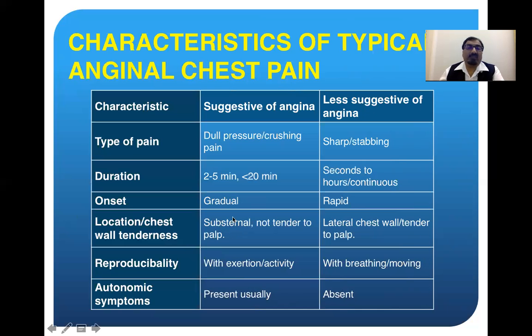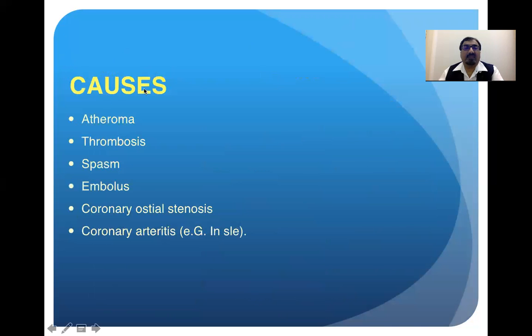So when we go into the history of these patients, there are certain characteristics which point towards coronary artery disease. There are certain causes which we have to keep in mind when approaching ACS: atheroma, thrombosis, coronary spasm, embolus, coronary ostial stenosis, which could be due to a congenital defect, or coronary arteritis, as in systemic lupus.